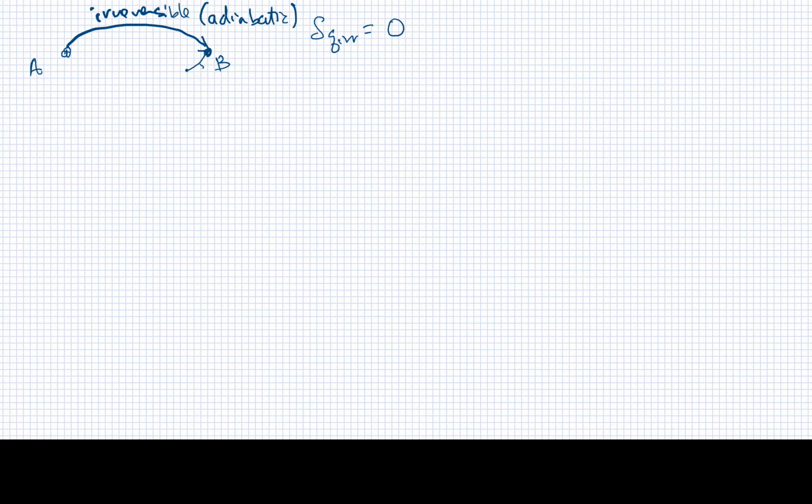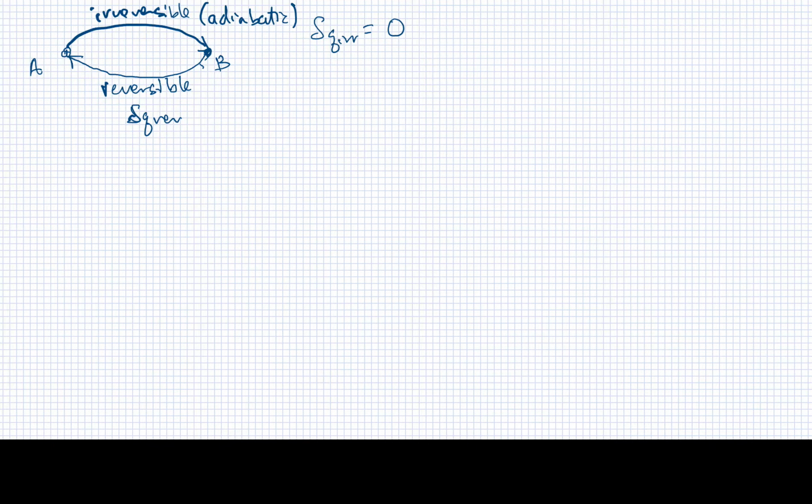Now I'm going to return by a different path, and that path is a reversible path. So this means that my dq reversible is not so constrained. It's not necessarily adiabatic. In fact, let's specify that it's not adiabatic. But it is occurring very slowly as a reversible process, to go back to the beginning.